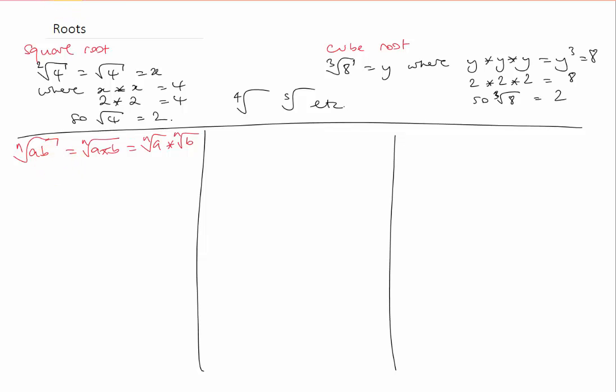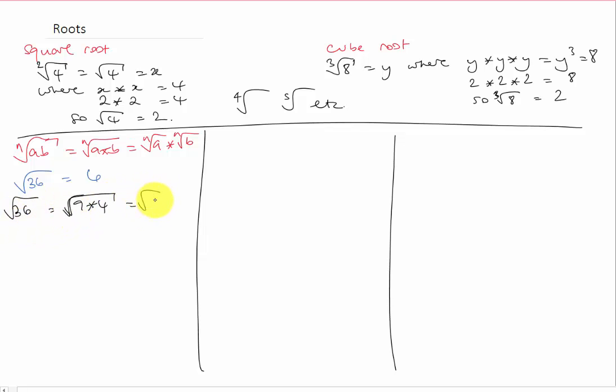So let's have an example. Let's say we've got the square root of 36. So that's 6. You could put that into your calculator and get the answer. But also, we could do it in this way. The square root of 36 is the same as the square root of 9 times 4. So I've just factored out the 36 to make it 9 times 4.